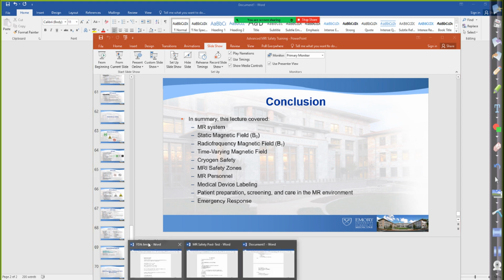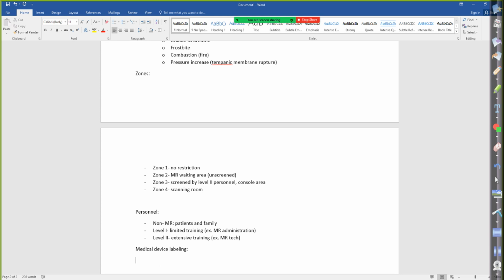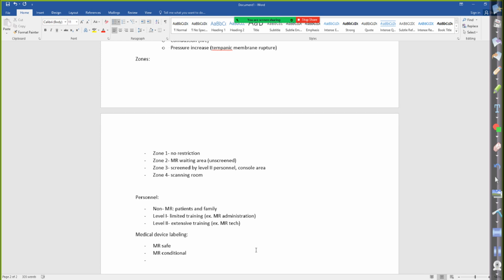Medical device labeling. All right, we have 3. What are they? Safe, conditional, and unsafe. Okay. Safe and unsafe, those are at the very limit, so they're easiest to kind of rule out. Safe just being non-magnetic, non-electrical.